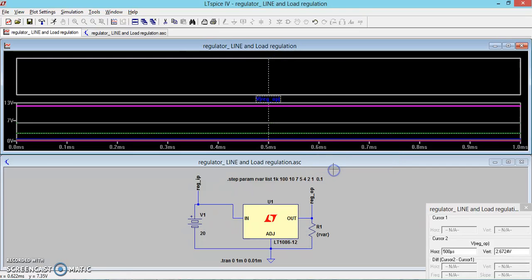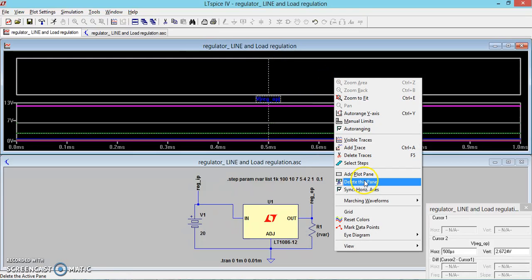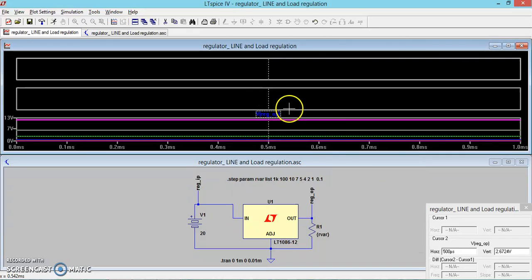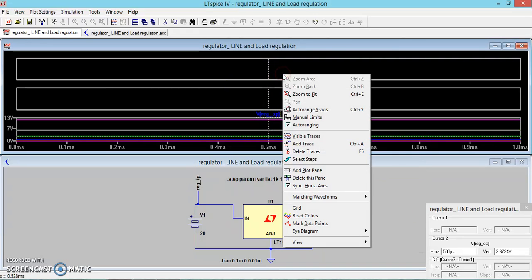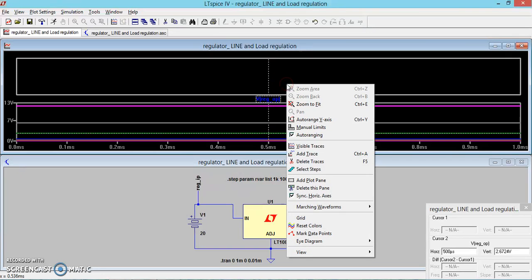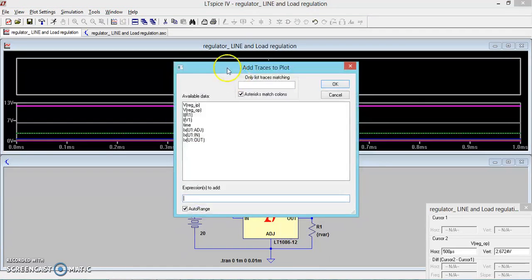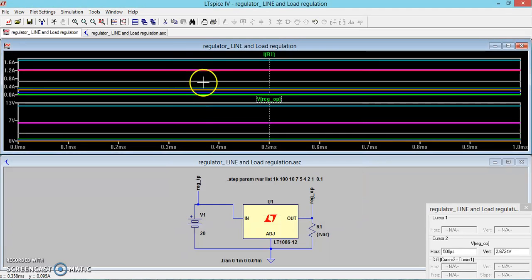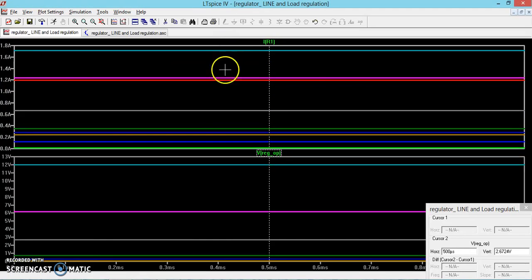We can add a plot, and we can have the trace of currents here. So let me add the trace to this pane. Let me add the trace which corresponds to the current. Let me see different currents. You can see the current is varying. Now the current is 239 milliamperes.